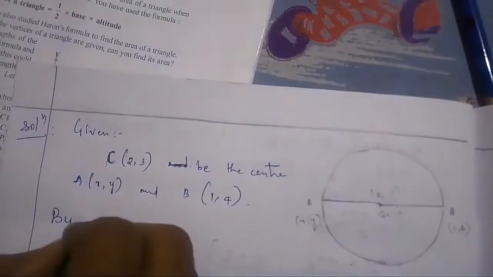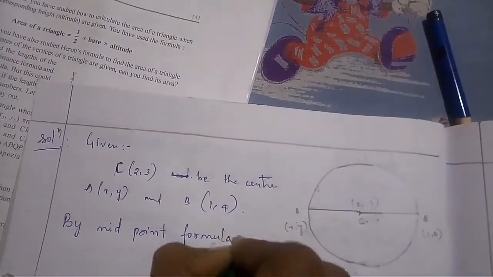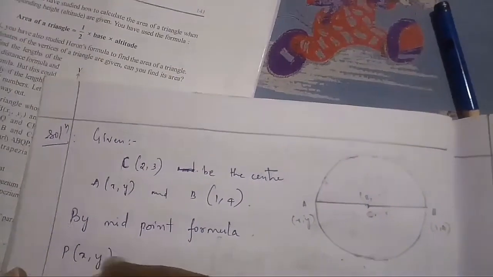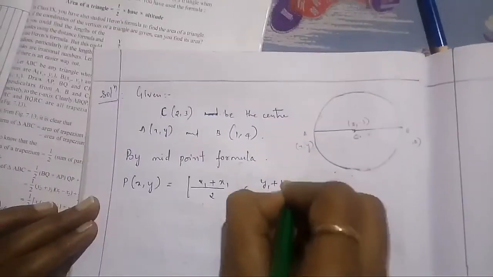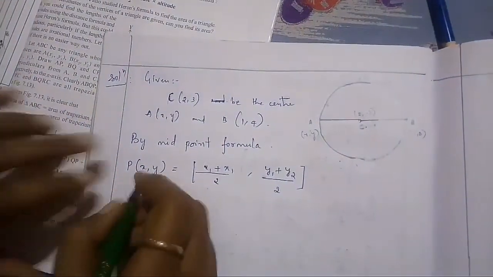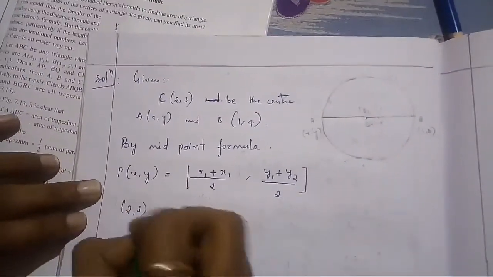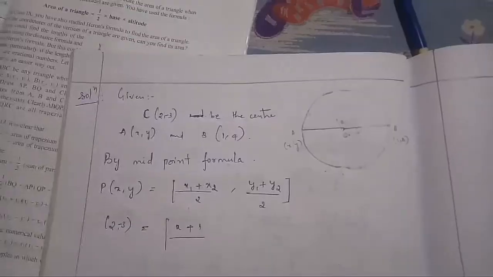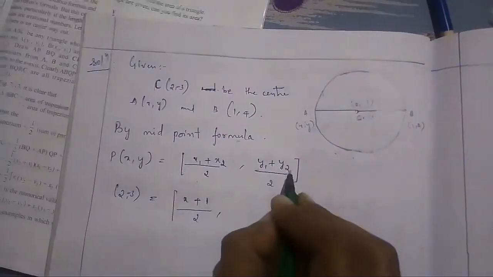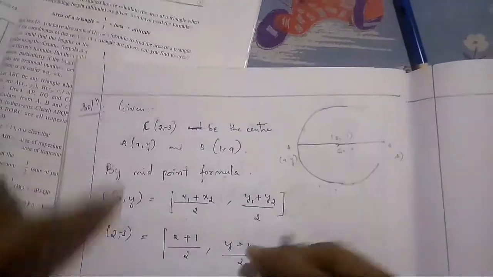By the midpoint formula, we know that the midpoint P of (x, y) is equal to (x1 plus x2) divided by 2, (y1 plus y2) divided by 2. We know that the center value is (2, minus 3), that you write here. That is equal to x1 is x, x2 is 1, divided by 2, y1 plus y2, that is y1 is y, y2 is 4, divided by 2.